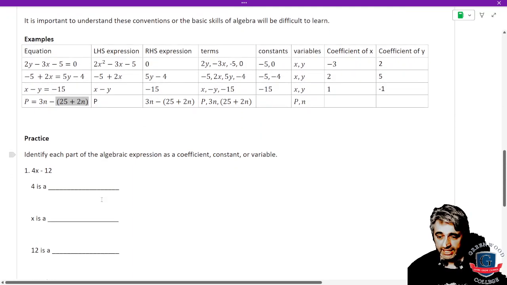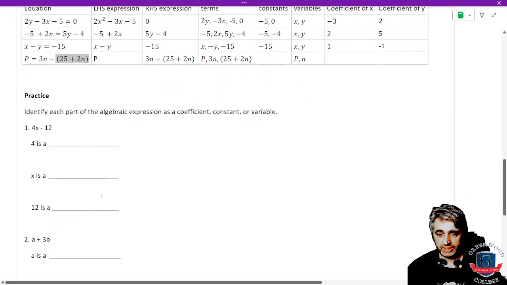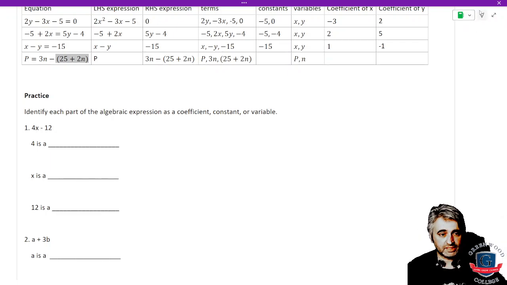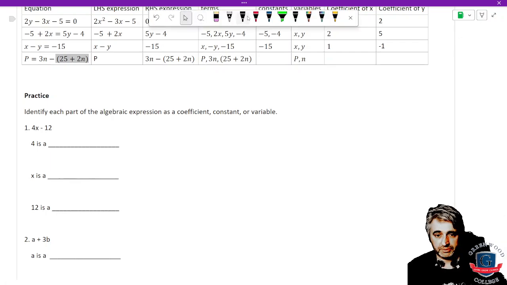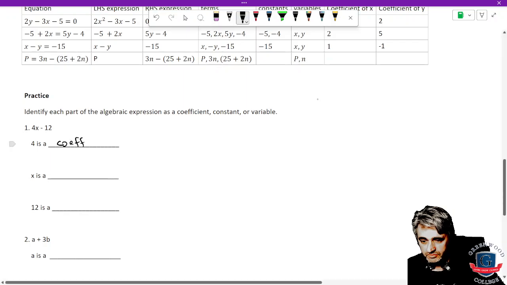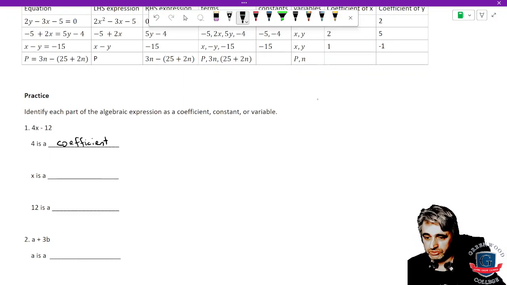Now we can look at doing that for some other examples. I'll get my pen out so that I can work at this. If we have 4x take 12, 4 is a coefficient. It's the number in front of a variable. x is a variable.